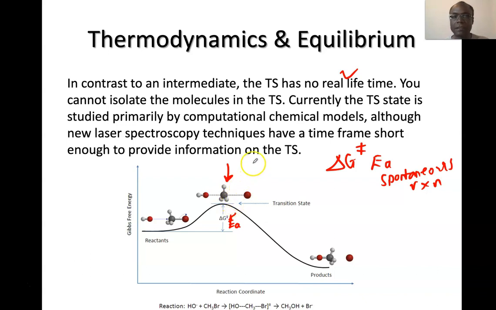So you can tell of its existence, but it's hard to time it. You can only study it by software, and that's advanced chemistry. So the TS will always have a very short lifetime.